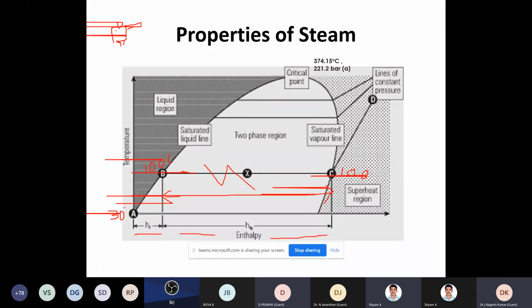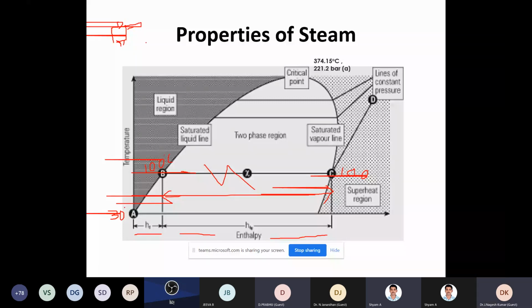In the process, steam condenses. So when steam condenses, it gives up this much amount of latent heat. So the latent heat is given to the rice and then the rice cooks. So this is the concept of latent heat.